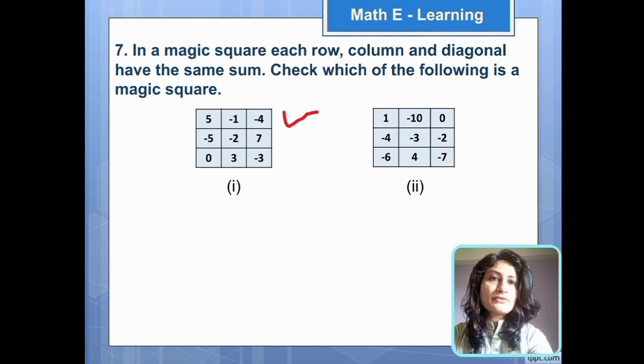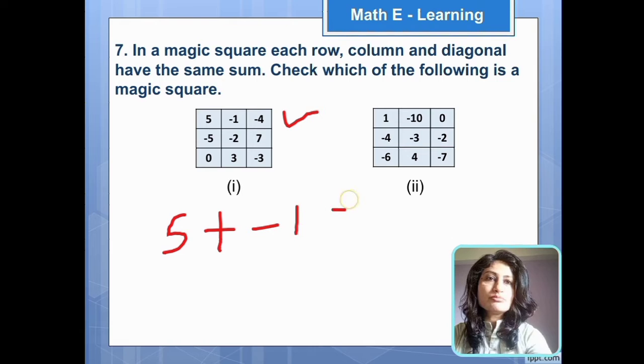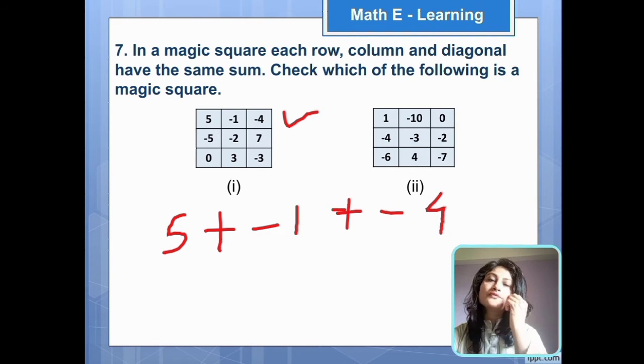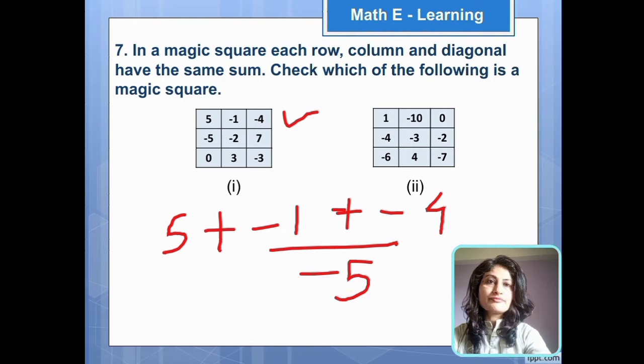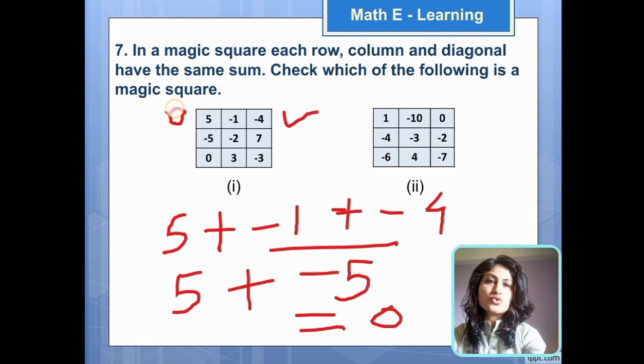First row, 5 plus minus 1 plus minus 4. Now the addition of this is minus minus plus, so it is minus 5. 5 as it is. 5 plus minus 5 is equal to 0. So we can say that the sum of the first row is 0.